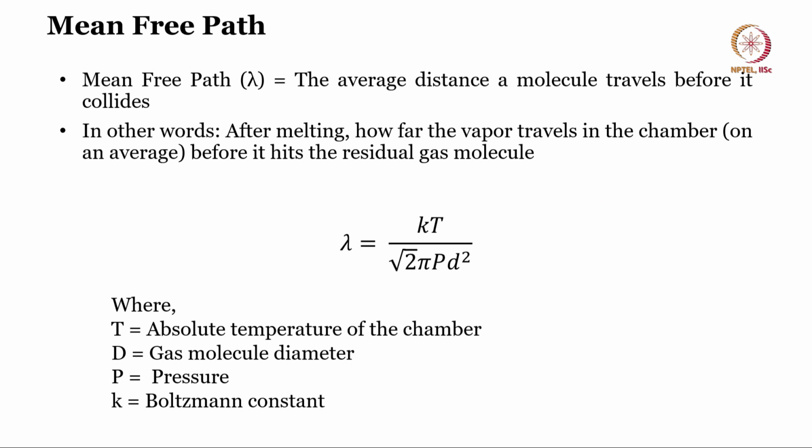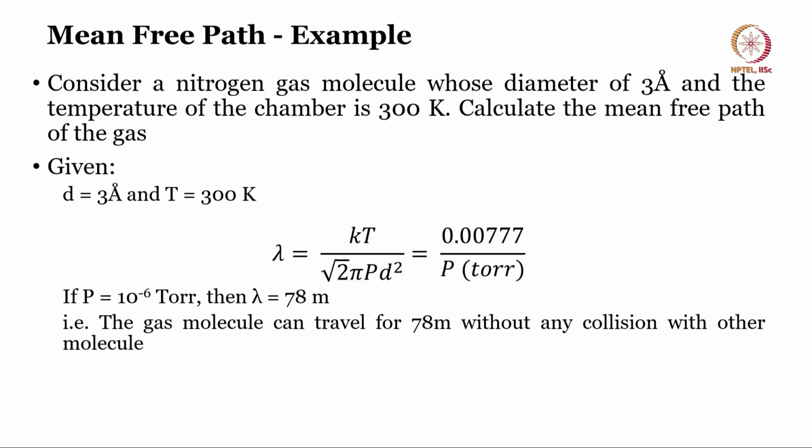In other words, after melting, how far the vapor travels in the chamber before it hits a residual gas molecule can be given by this equation, lambda equals kT by square root of 2 pi P d squared, where T is the absolute temperature of the chamber, d is the gas molecule diameter, P is pressure, and k is the Boltzmann constant.